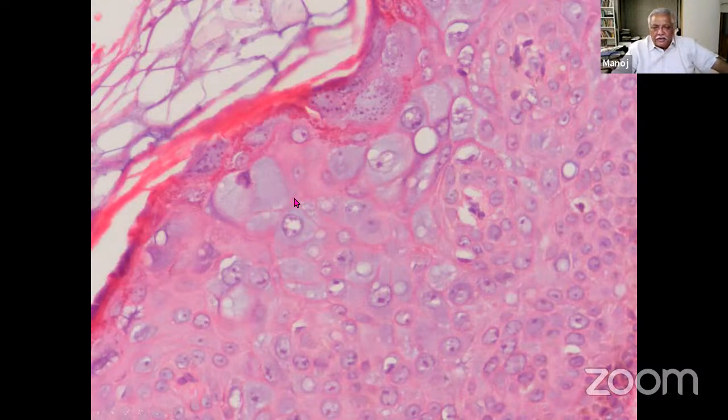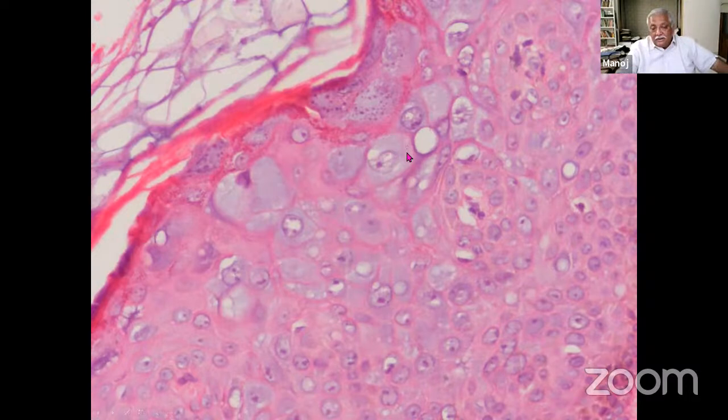Of course, this is an extreme example. And these are blue, these are not pink. So where did the keratin go? Once again, a great indication towards a particular type of condition.